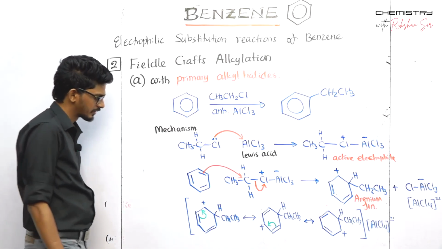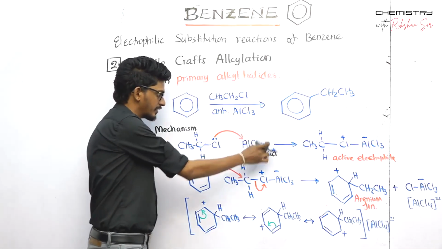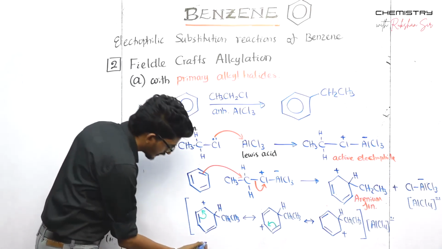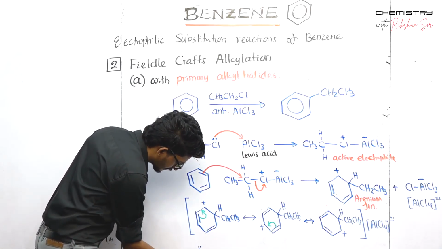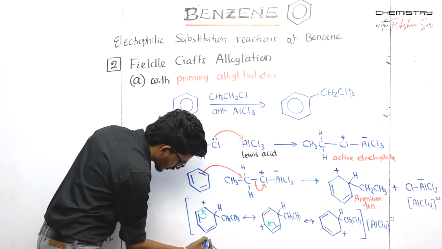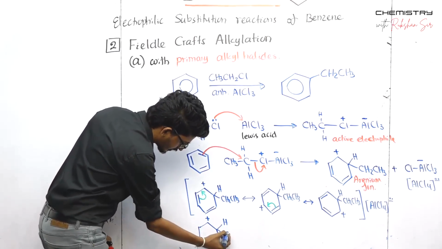Let's copy the fourth step then. The fourth step is regeneration of the catalyst. This is the catalyst, no? Regeneration of the catalyst with the major product. See how it comes. So you had the positive charge here, the hydrogen which is to leave.